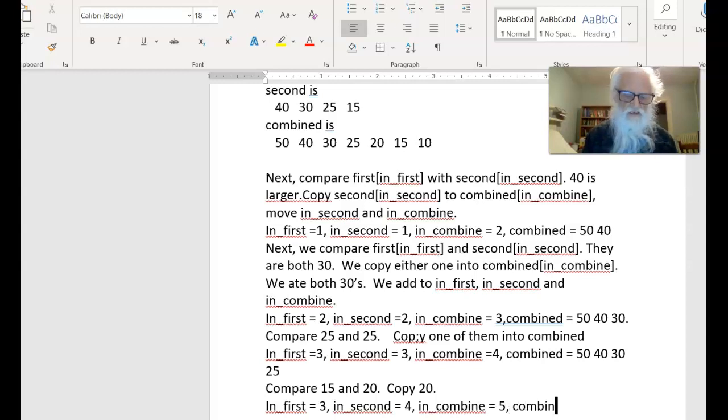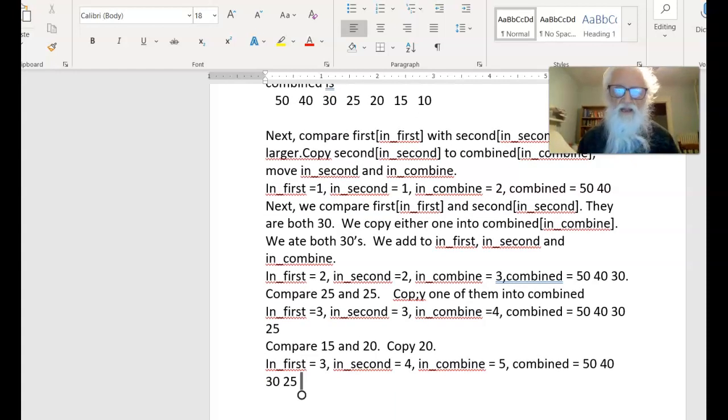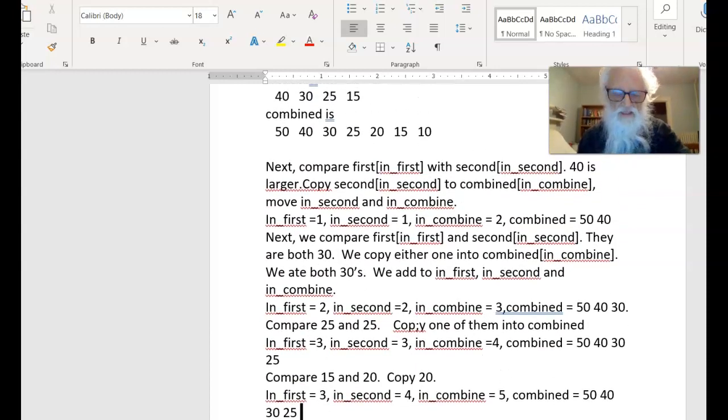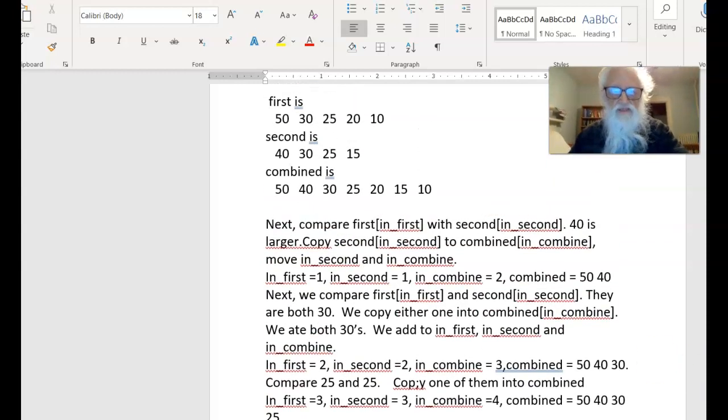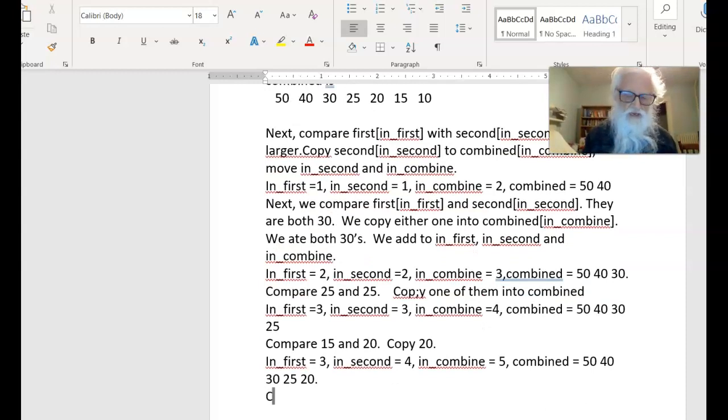And combined equals 50, 40, 30, 25, and what number was it that I copied in? 20. Well, let's see. We're still going strong. So now we're going to compare the 10 and the 15. Copy the 15.